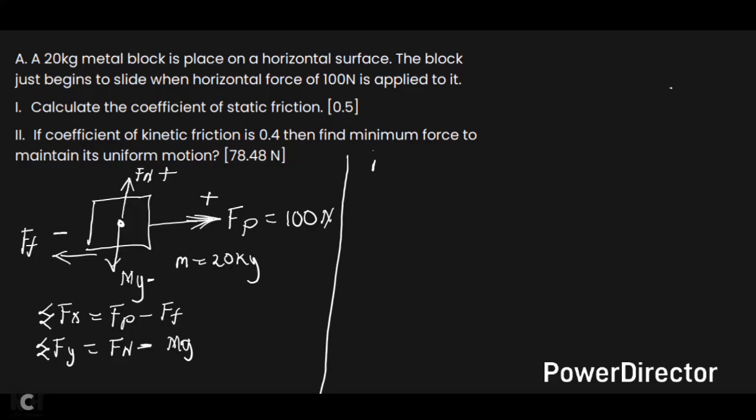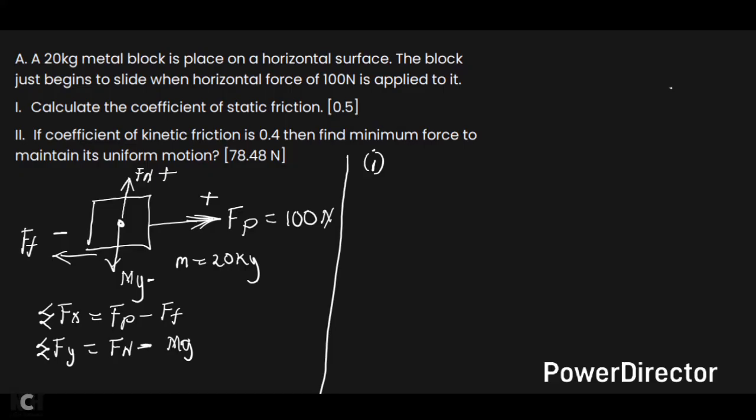Our first question says calculate the coefficient of static friction. How can you calculate that? Where will the coefficient of static friction be? If you check, you will find that it is found in the x-axis.